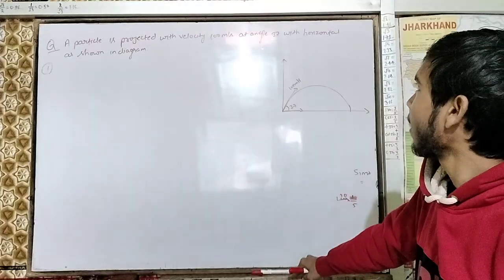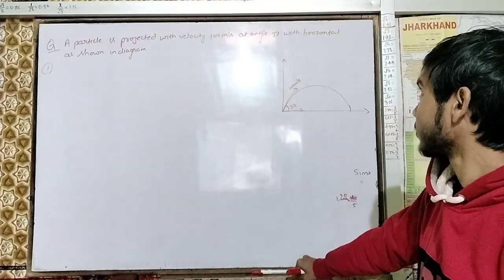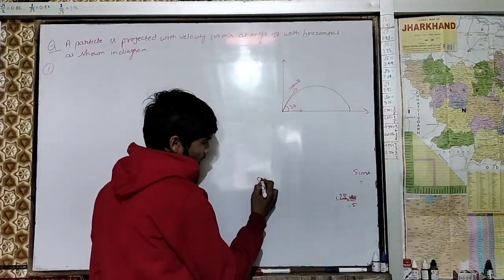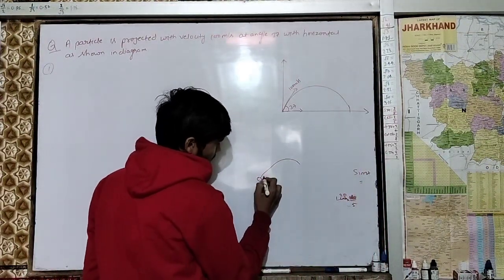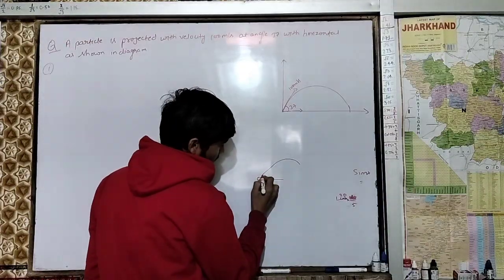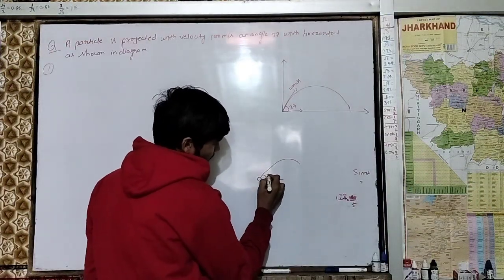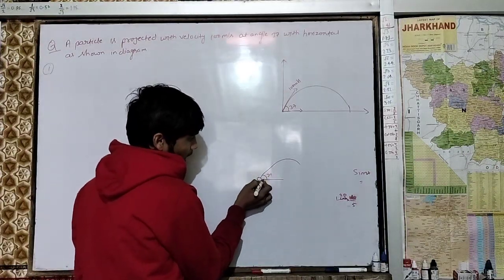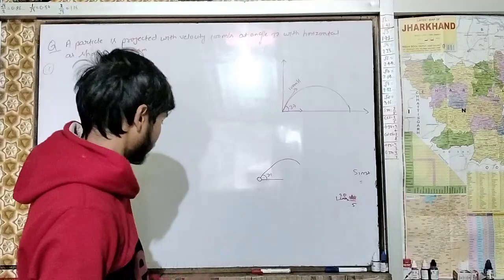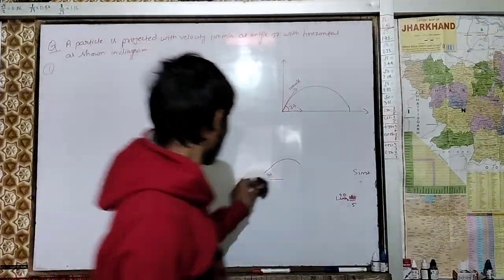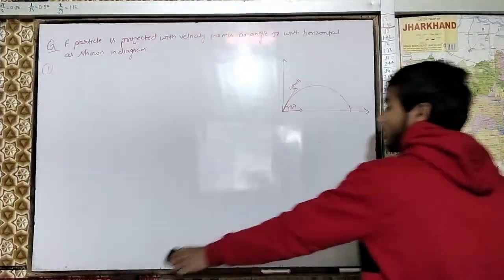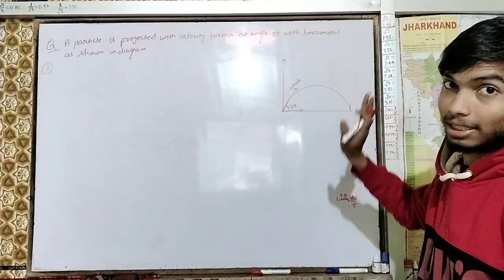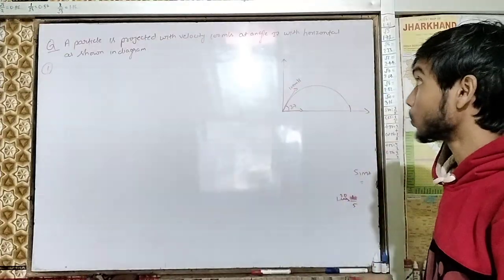At angle 37 degrees. If this object is going like this, here is the horizontal, and it is talking about this angle made by this path and this horizontal line. 37 degrees with the horizontal.